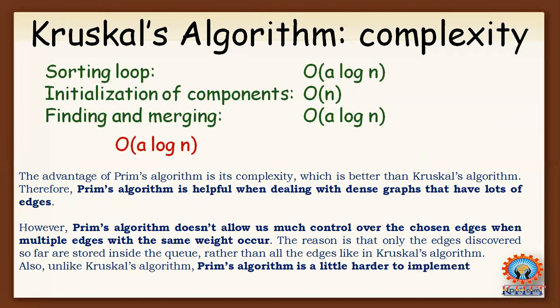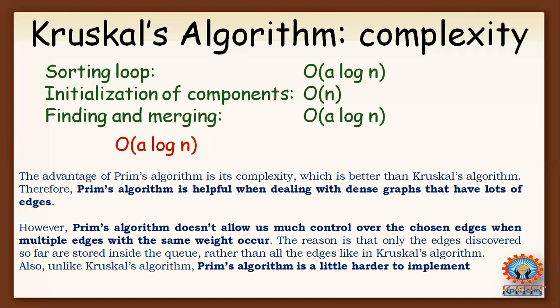It will take the frequency cost of order of log n. The initialization of the components will take order of n, and finding and merging will take order of log n. So among these three, you can consider the highest value, that is order of a into log n.